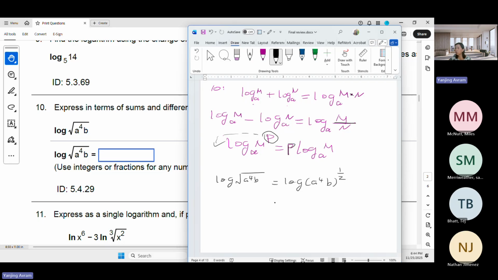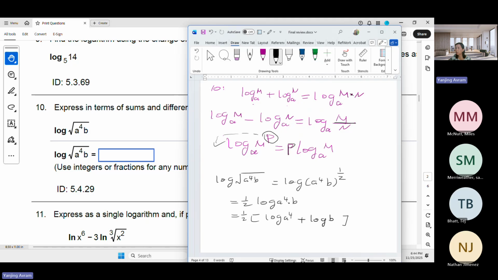And I can distribute this 1/2, or I can take this 1/2 all the way to the front. And then I will still have a product rule. Just make sure when you expand this product with the 1/2, you multiply everyone. So this will be log a to the 4th plus log b.